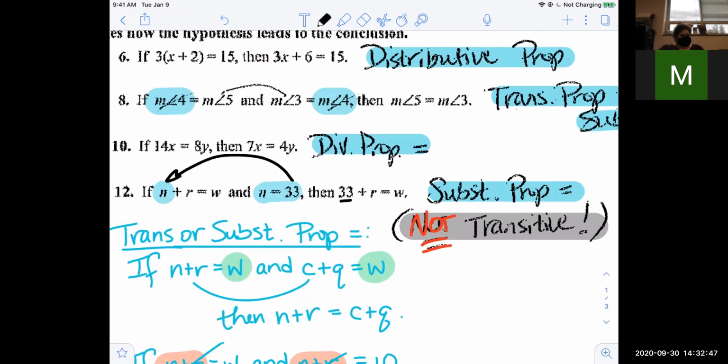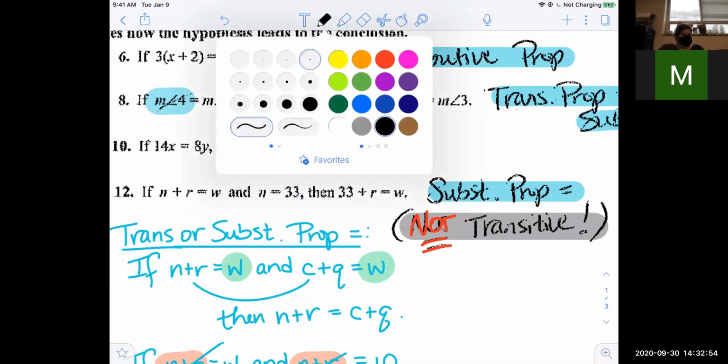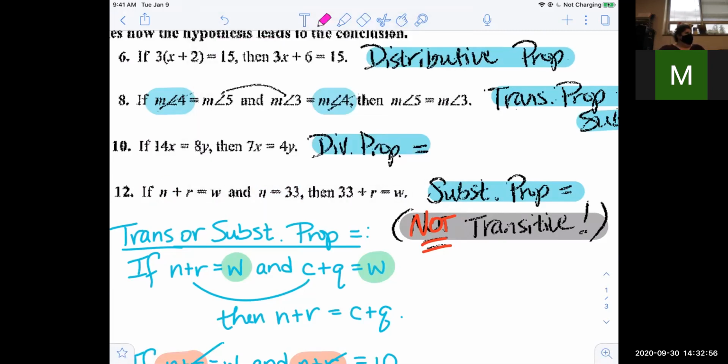Simons? Okay, so again, for transitive, we have to have a whole side of the first equation that matches a whole side of the second equation.